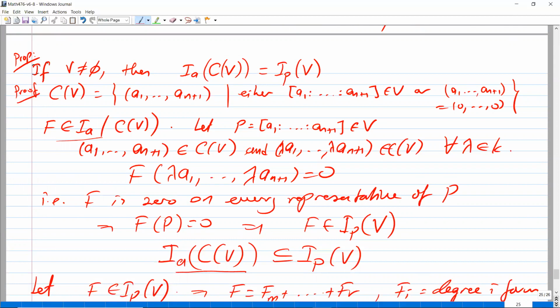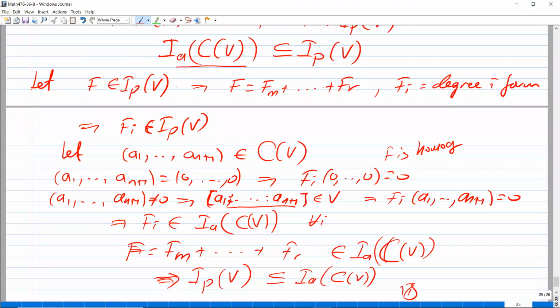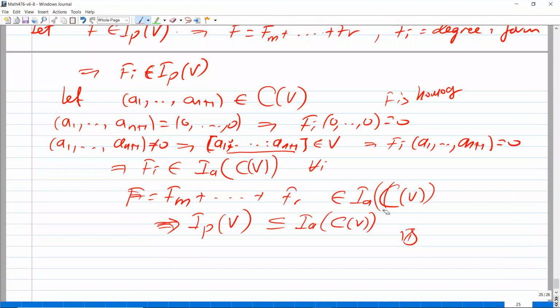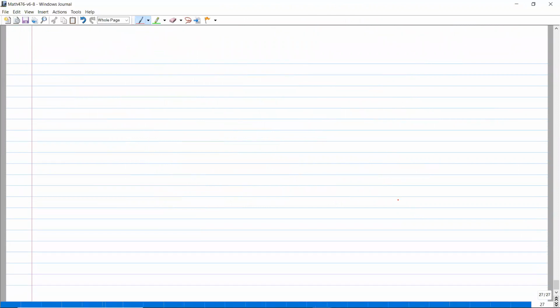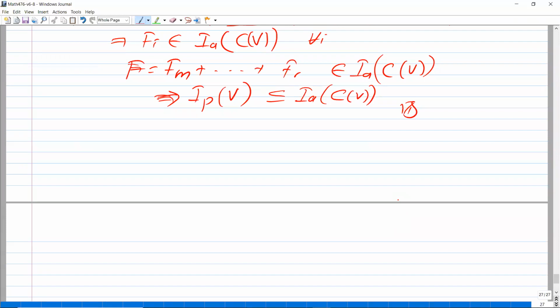Okay, next. One more equality. Suppose I is a homogeneous ideal.